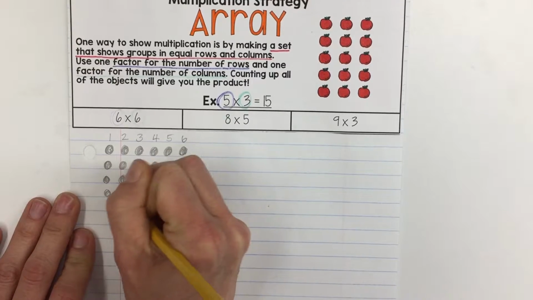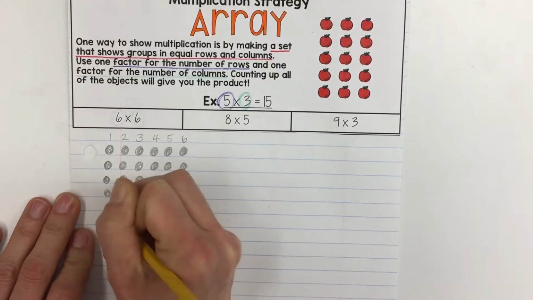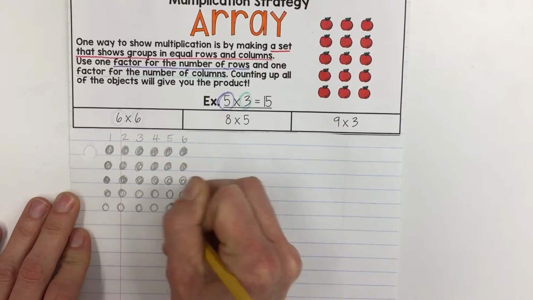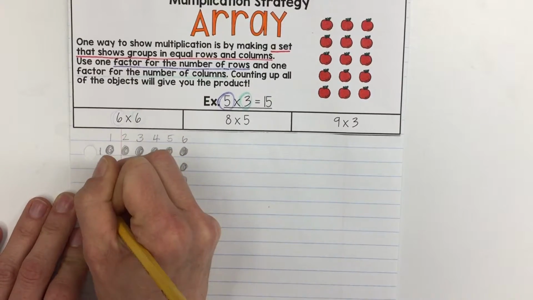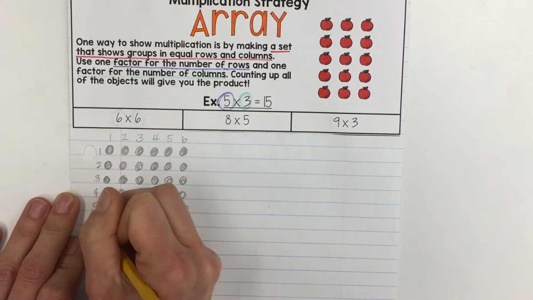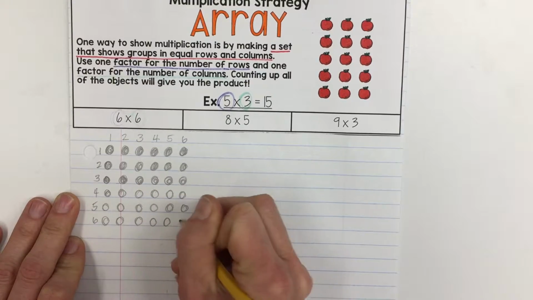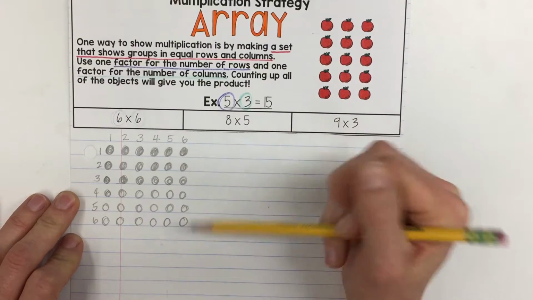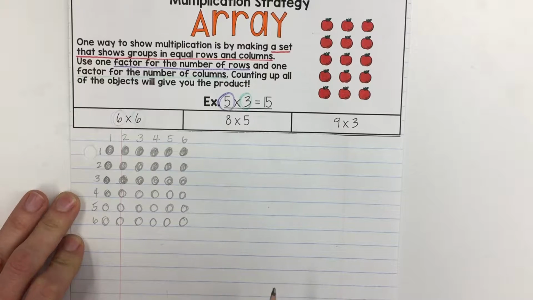Here's a 4th row, a 5th row, got 1 rows, 2, 3 rows, 4, 5 rows, so I need 1 more to make 6 rows. Okay. So I've got 1, 2, 3, 4, 5, 6 columns and 1, 2, 3, 4, 5, 6 rows.